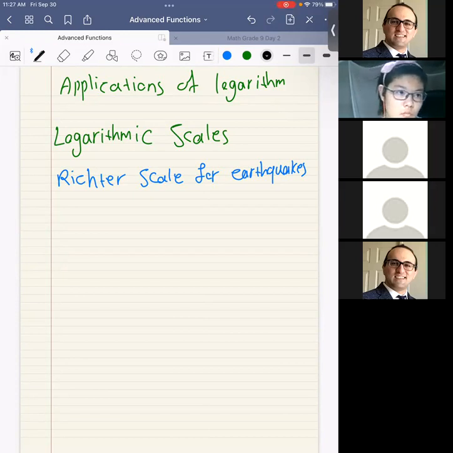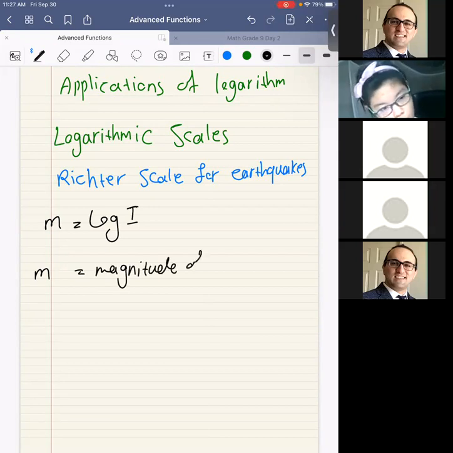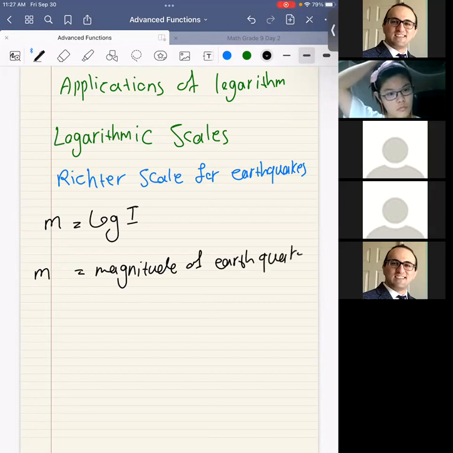That means the magnitude of the earthquake is equal to log of the intensity, where I is intensity.